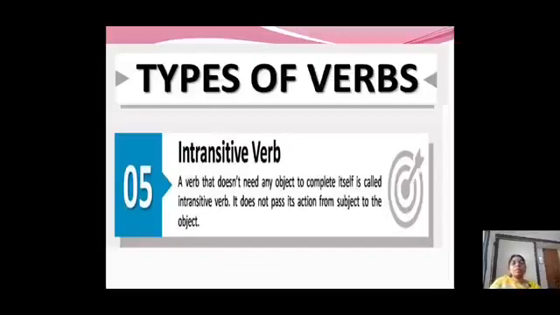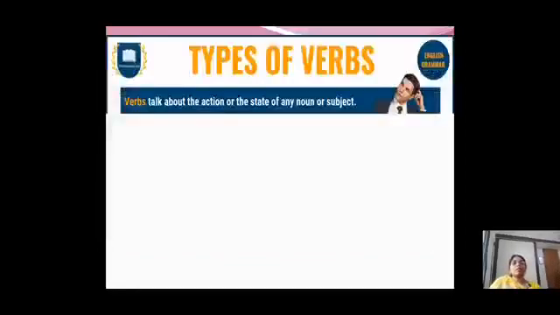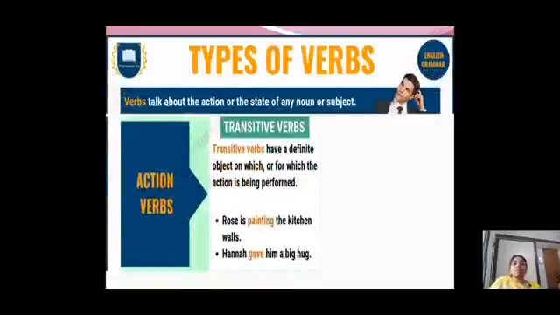Now we will see the actual differences. Right? Transitive verbs have a definite object to which the action is being transferred. Hannah gave him a big hug. So gave is a transitive verb there. In intransitive verbs, I told you, there is no specific object.